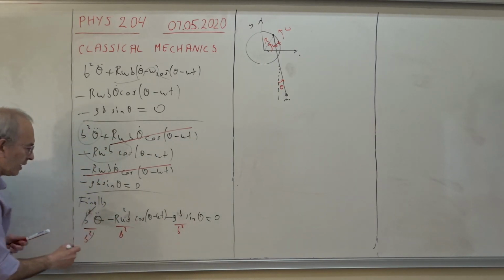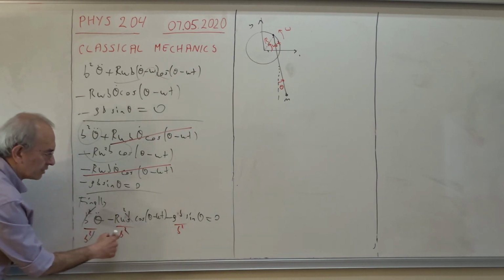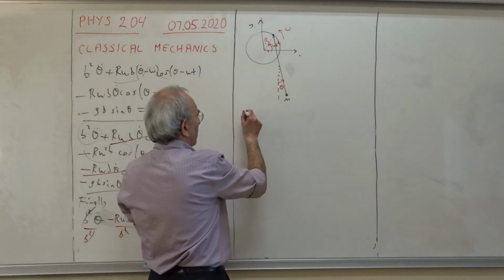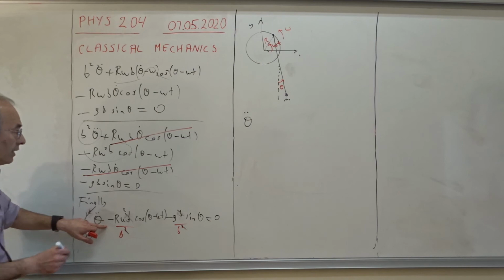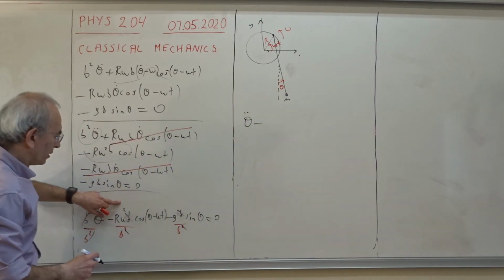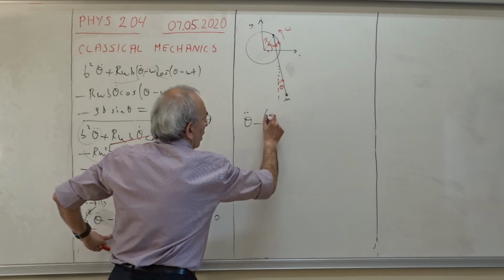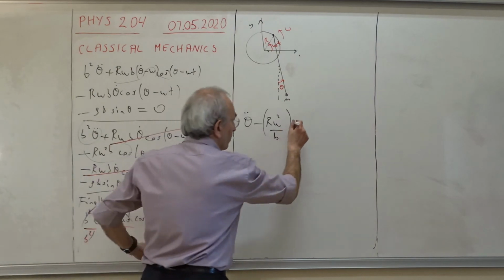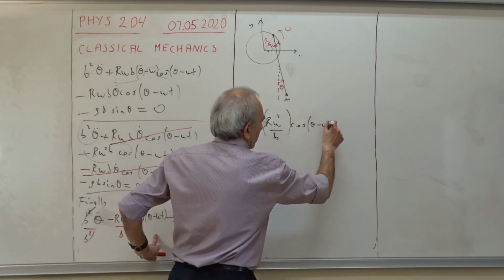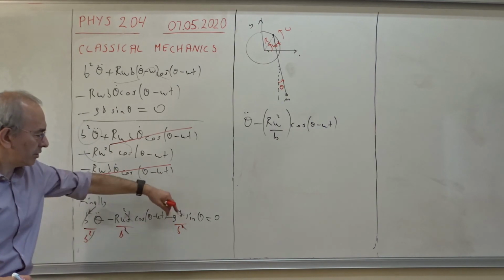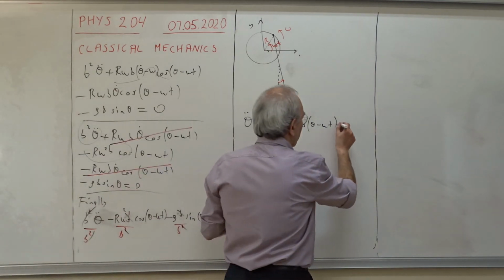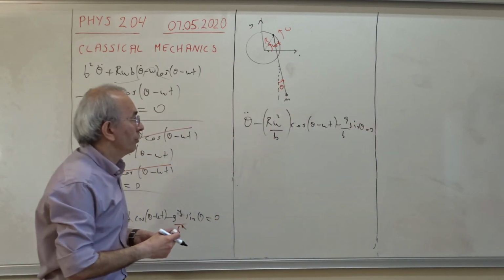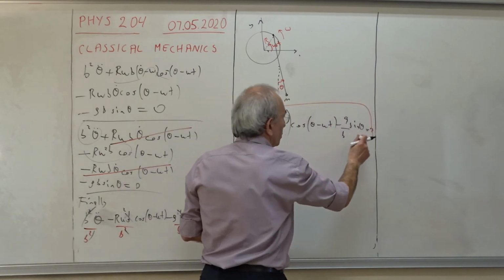Alright, so these b squares cancel, and this one cancels one of them, this one cancels one of them. So finally, theta double dot, minus r omega squared over b multiplied by this cosine block, and all is subtracted, minus g over b sine theta equals 0.